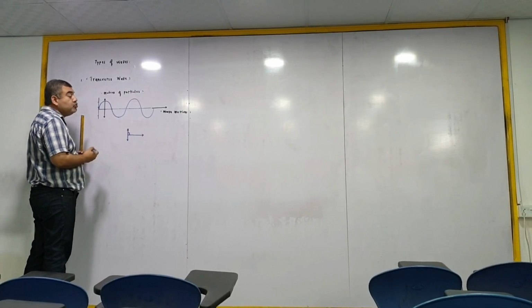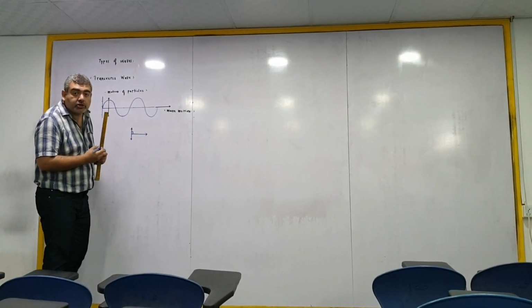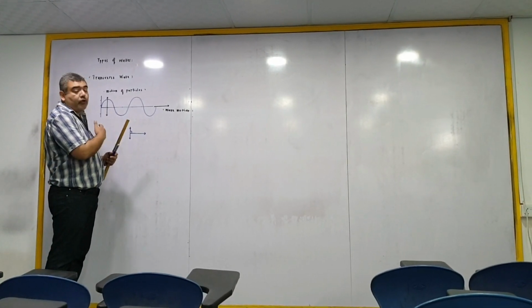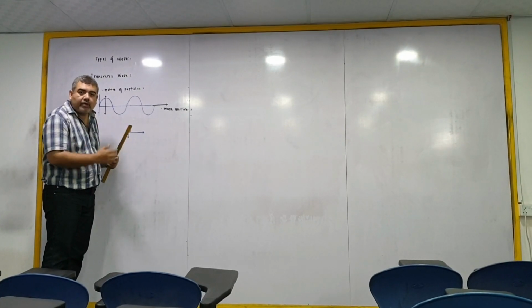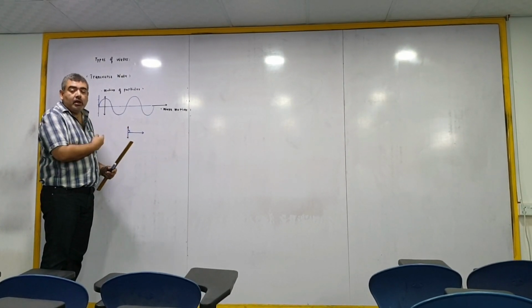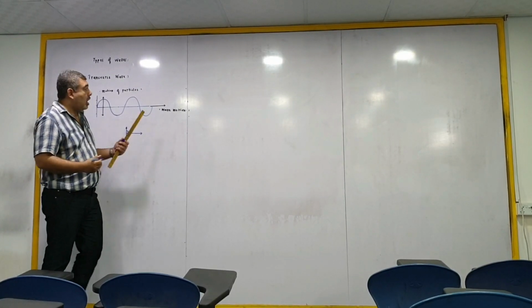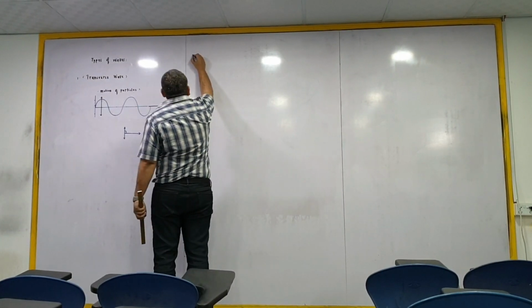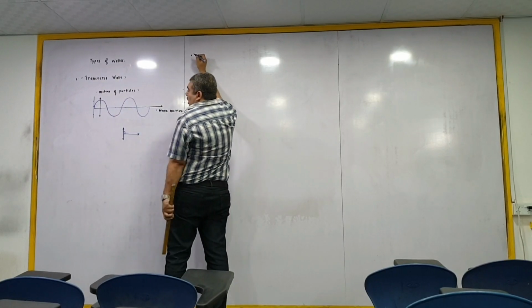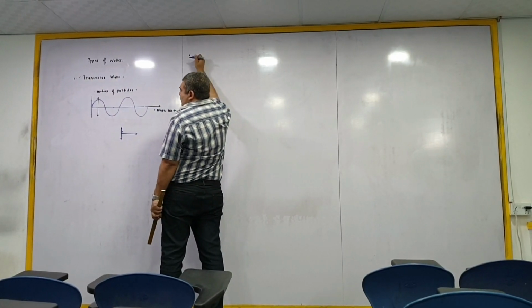Next, transverse waves do not require a medium for their propagation. They do not require a medium for their propagation, but they can also travel through a medium. Why can they travel without the requirement of a medium? Because they are electromagnetic in nature. I'm going to make the points one by one today. Number one. So, what happens in transverse waves?